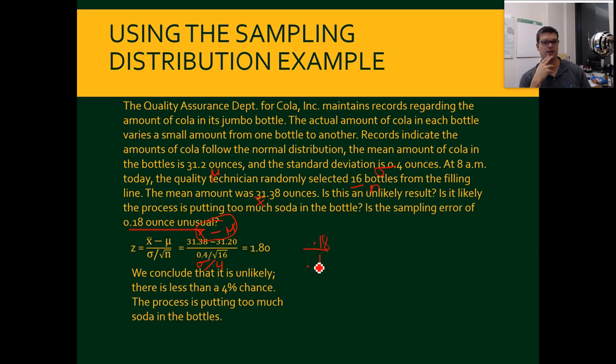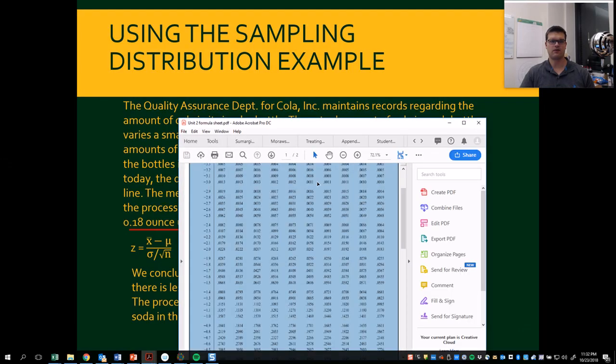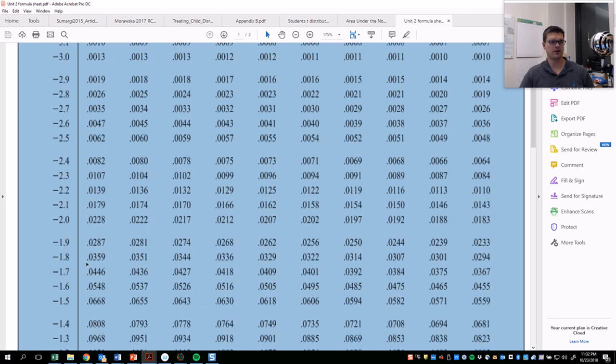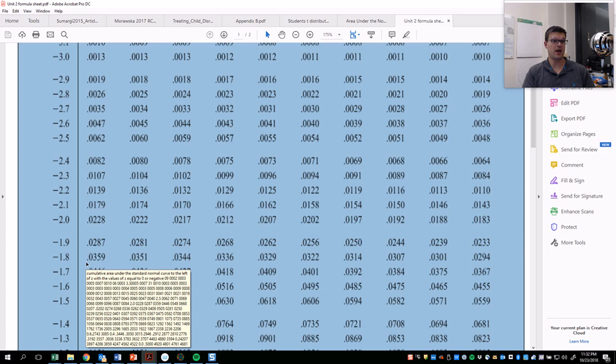So 0.18 divided by 0.1 equals, you just move the decimal over, 1.8. So what do you do with this 1.8? Well, the 1.8 is a z-score. So I'm going to grab the z-score table from our fancy little formula sheet, and you find 1.8. Remember, we're dealing right now with a positive z-score.